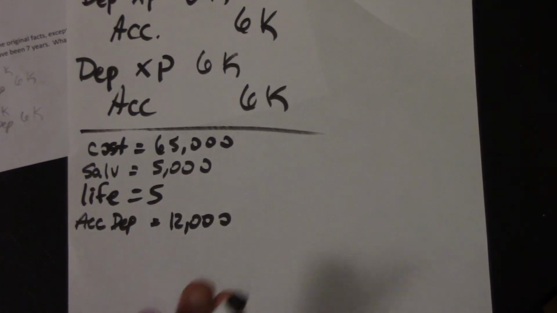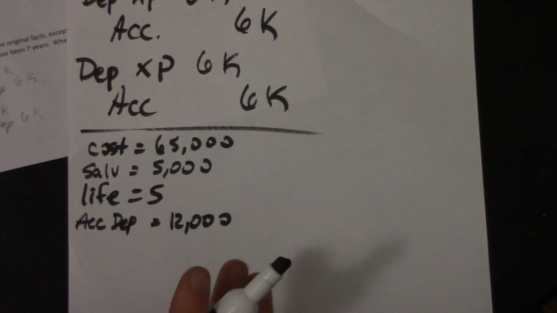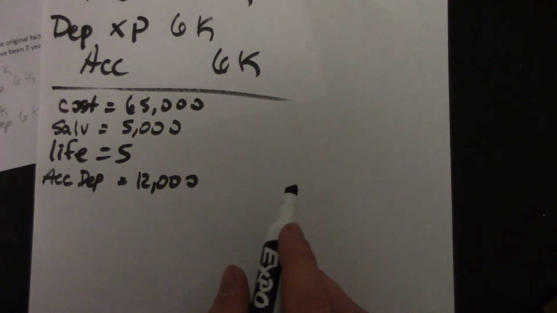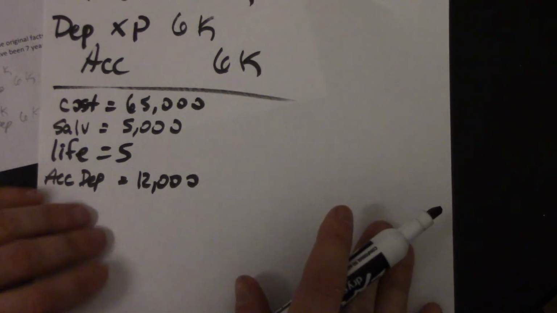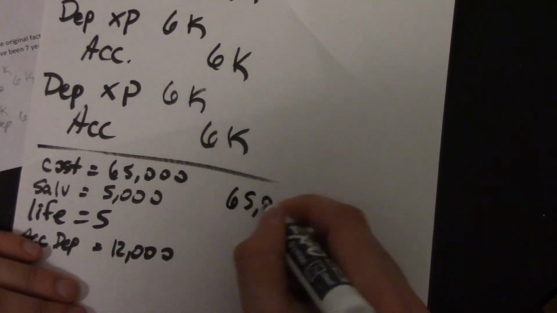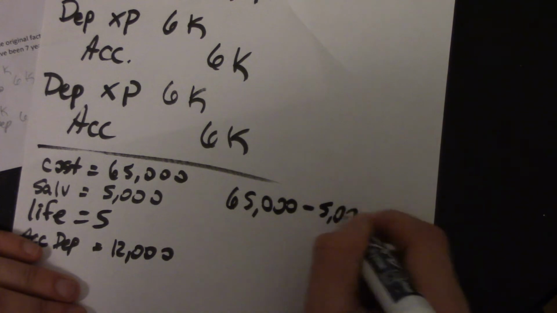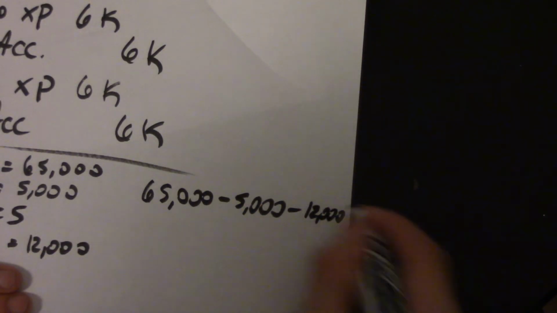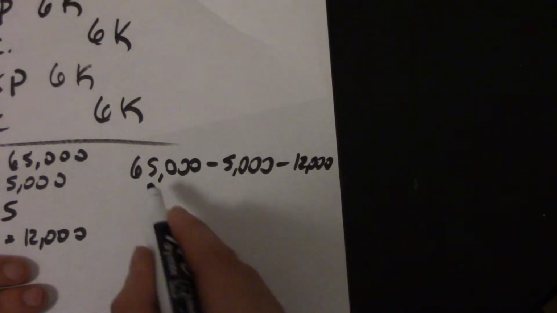So after year 2, how much are we going to depreciate this piece of equipment? Well, using straight line, we'll do the same general equation, maybe a little bit different. We're going to take 65,000 minus our salvage value, but we're also going to subtract this accumulated depreciation.